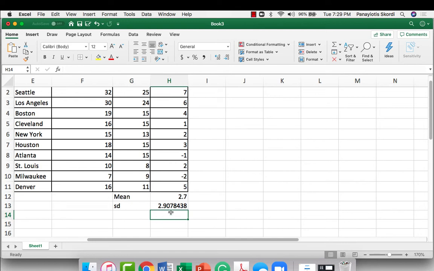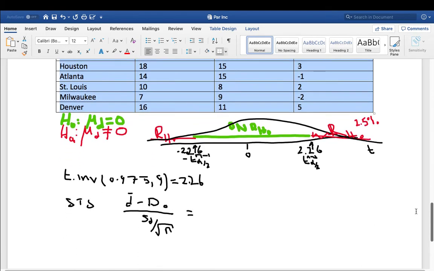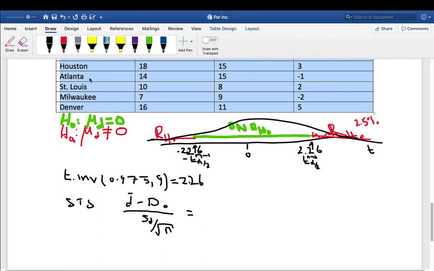Around there, 2.7, 2.91. So let's go back over to here. So we said that D bar was 2.7, and D0 is just whatever value is on the right hand side of the null hypothesis, so that's going to be 0.